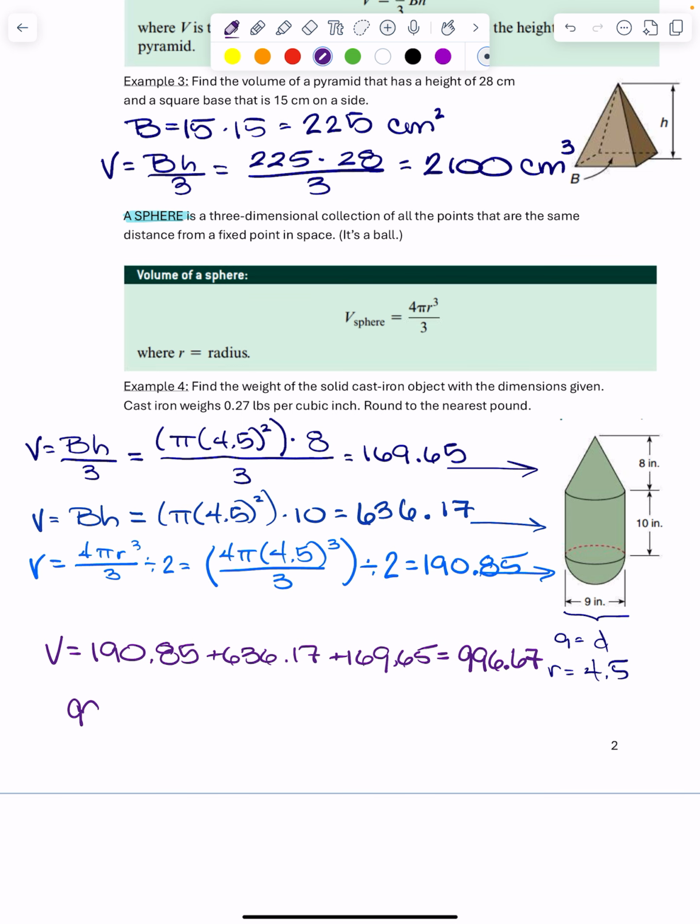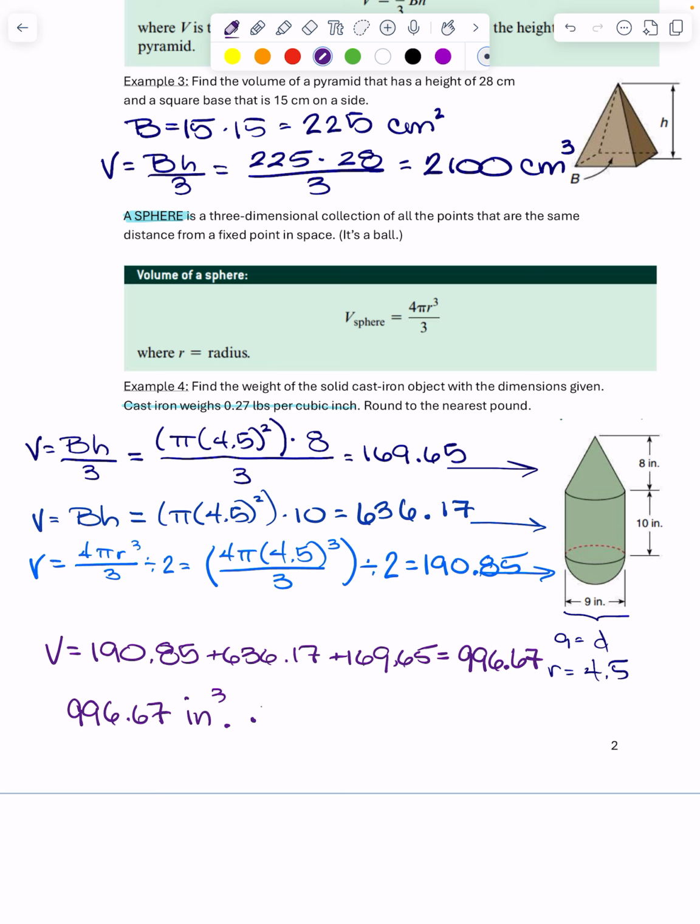Now I need to figure out the weight. 996.67. Keep in mind that was what? Cubic inches. Times, we're told the weight of cast iron, 0.27 pounds per cubic inch.